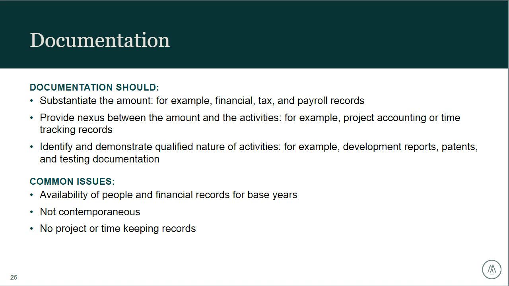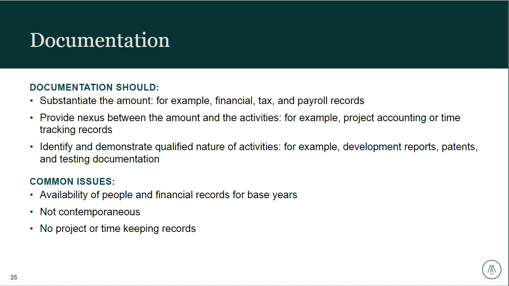Some common issues that we see when it comes to documentation, some of the common roadblocks: availability of people and financial records for the base years. Going back in time, if you have a lot of turnover, that can be really difficult.